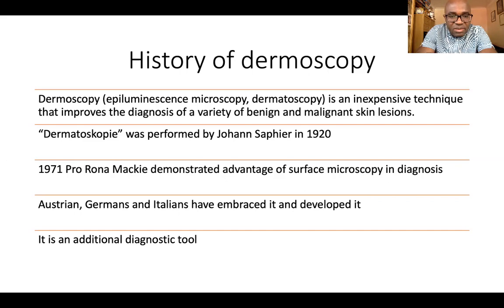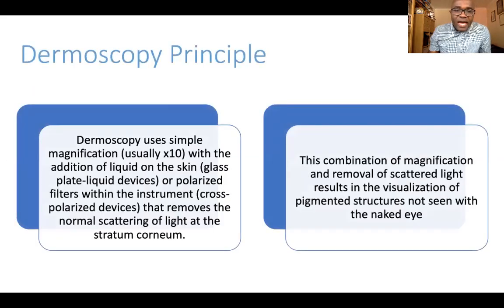Austrians, Germans, and Italians really embraced this, and the use has spread not just from the dermatology clinic, but also into primary care, as another aid alongside your stethoscope, as I said. So I will show you what a dermatoscope usually is in a minute.